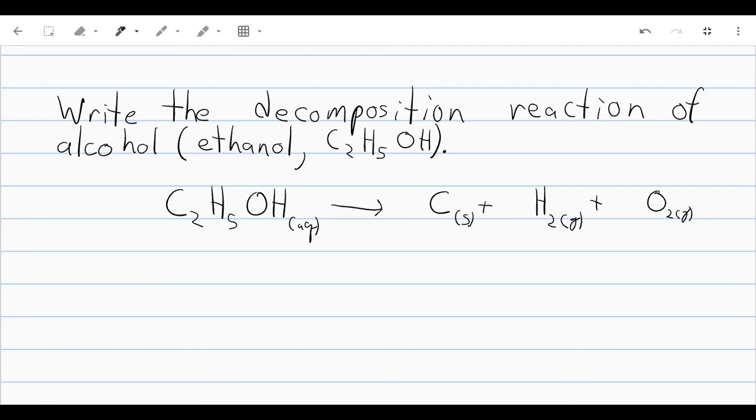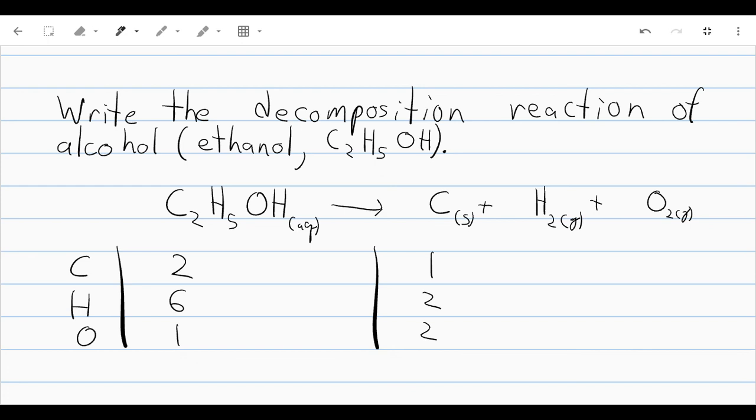Okay, we have carbon, hydrogen, oxygen as our elements again. Break into our reactants and products. I have 2 carbons. I have 6 hydrogens in my reactants. Don't forget about that one on the end. And I have 1 oxygen. Then I have 1, 2, and 2 in my products.